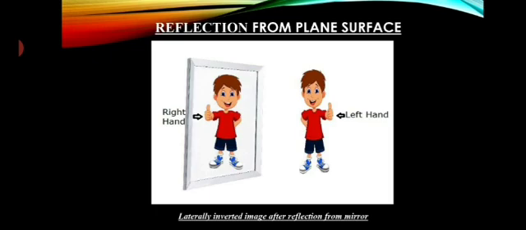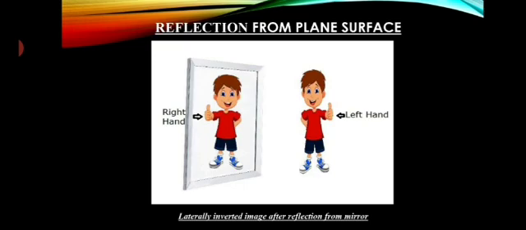So although the image is exactly the same, the size, the features, the body dimensions, all the same, the reflection is an inverted image of yours. This is what we'll be seeing in the reflection from the plane surface.